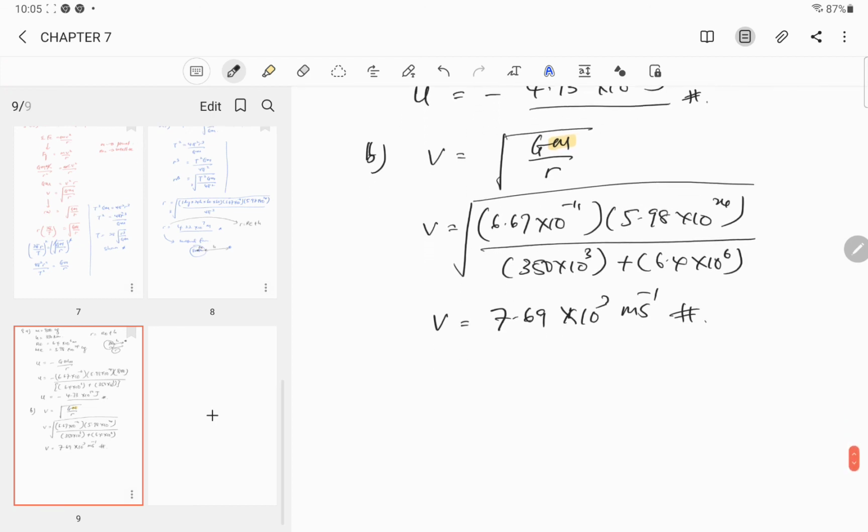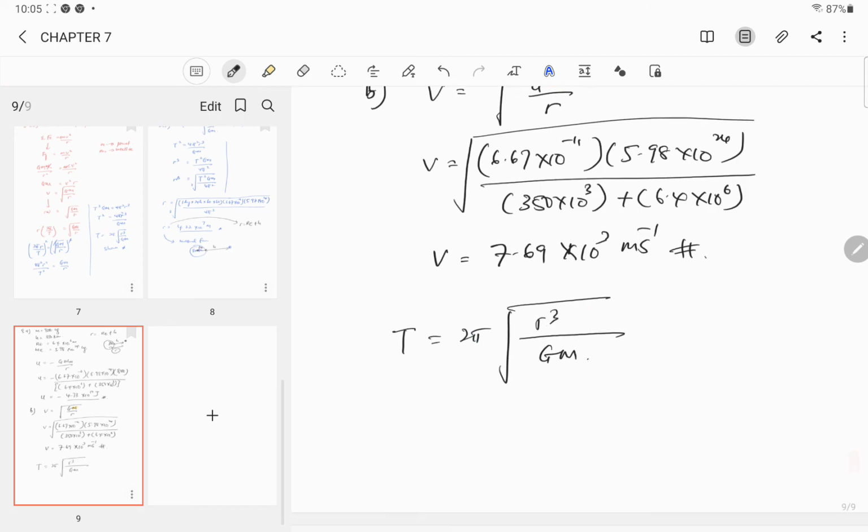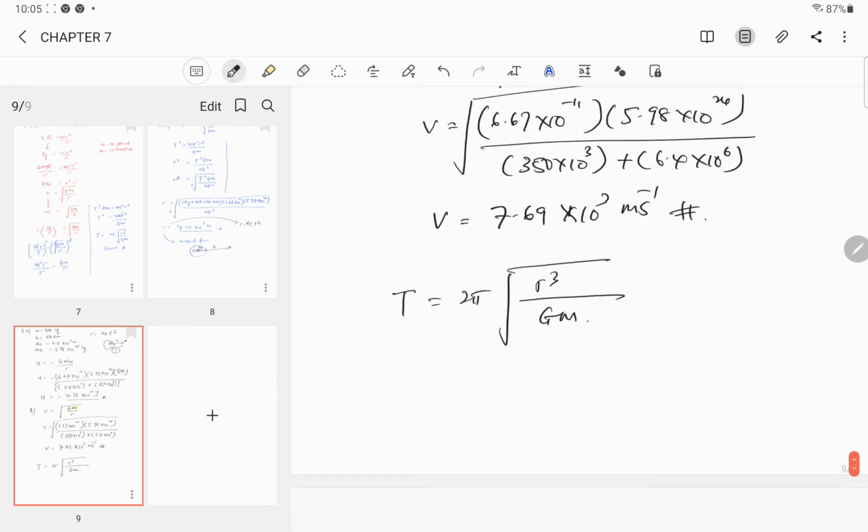And the last one, you have to find the orbital period, which is 2 pi square root of R cubed over GM. So be careful when you substitute because the value is quite large, so the chance of being careless is quite high. 350 times 10 power of 3 plus 6.4 times 10 power of 6.